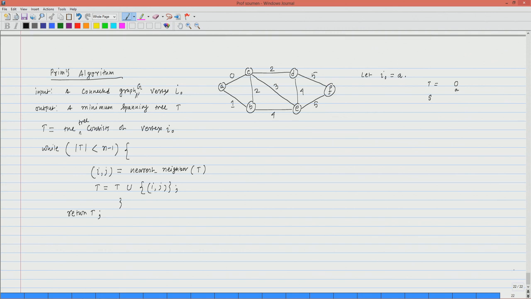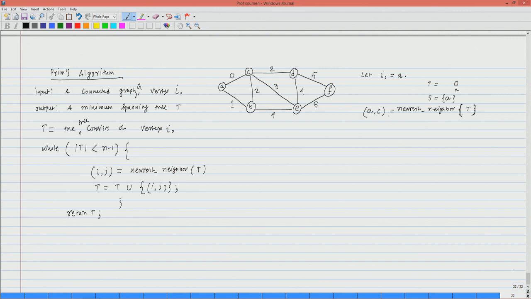So, the S at this moment is equal to A. It consists of only one vertex, that is A, and you find the nearest neighbor of S complement, that is, the nearest neighbor of this T. Its nearest neighbor is C. So, the output of this operation is AC.